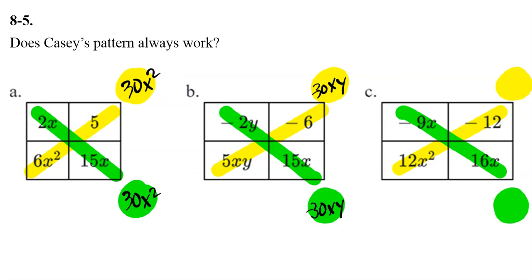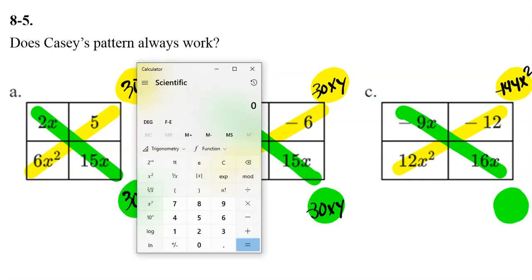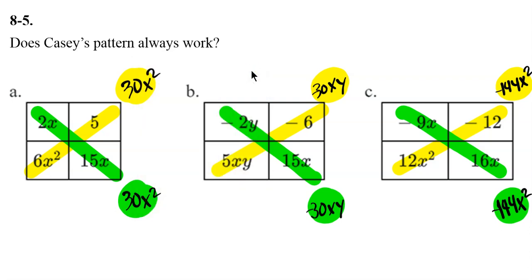Here we have 12 times negative 12, which would be negative 144x squared. And then 9 times 16, well, we just did that. Let's do it again. We have 9, and that 9 is negative, times 16, and that's a negative 144. X times x squared. So yes, you do get the same products when you multiply across on the diagonals.